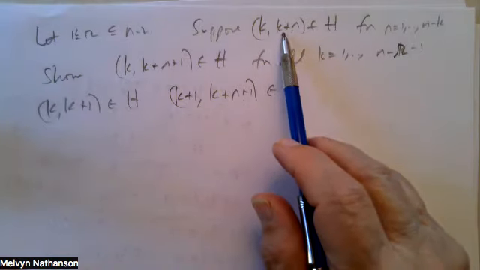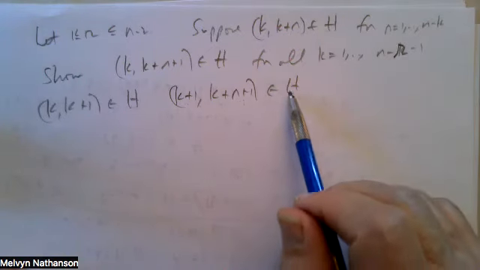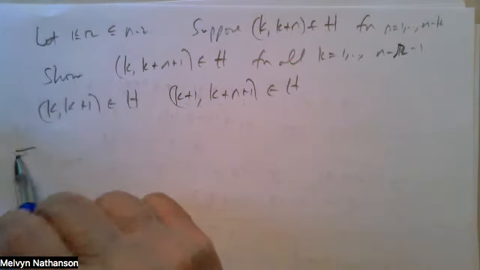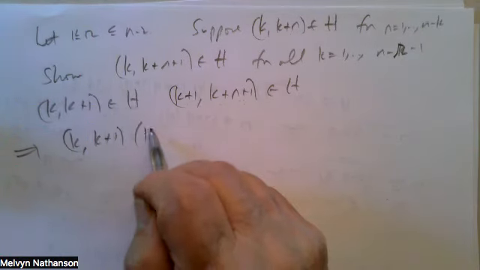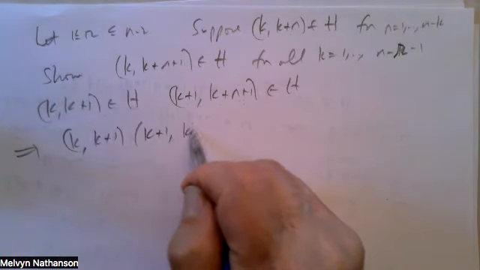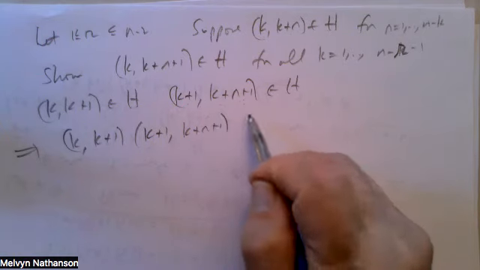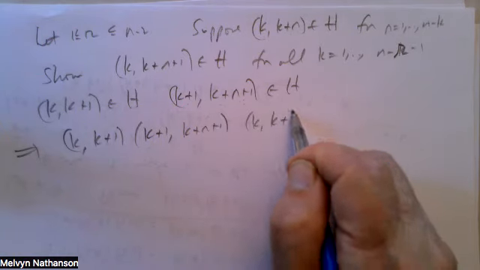And our induction assumption is that all of the transpositions where the two numbers differ by r are in H. So therefore (k, k+1) times (k+1, k+r+1) times (k, k+1) is in H.